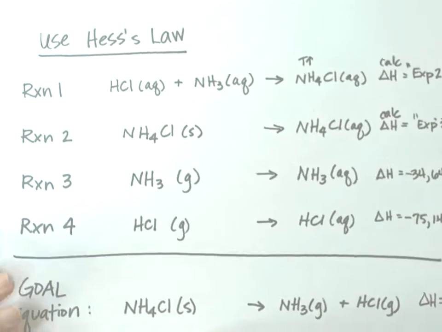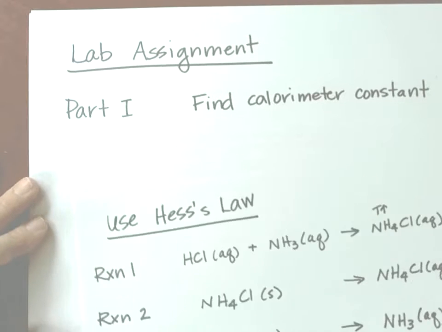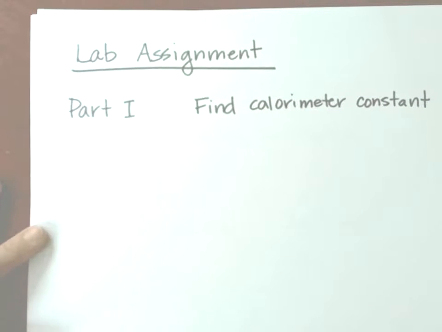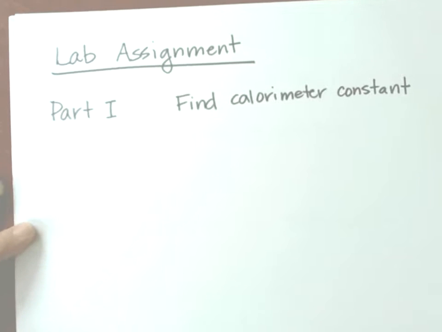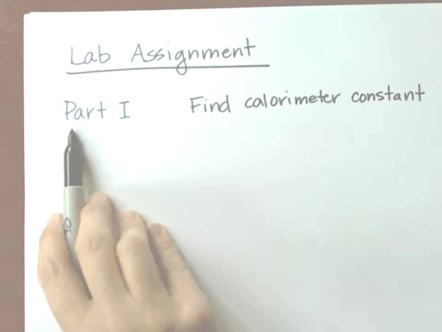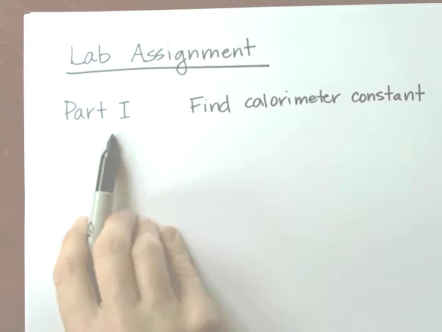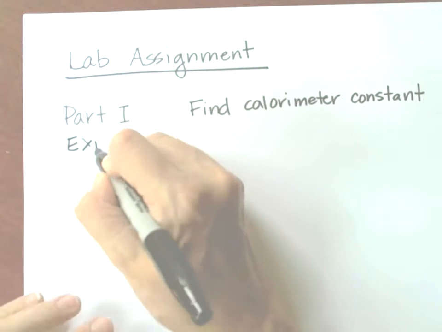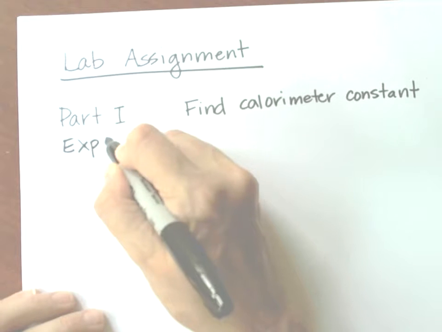Let's look a little bit at some of the parts of the actual assignment. So again, there could be some improvement here where the lab assignment doesn't match up exactly to the experiment parts, but in the lab assignment, part 1 refers to what's going on in experiment 1.